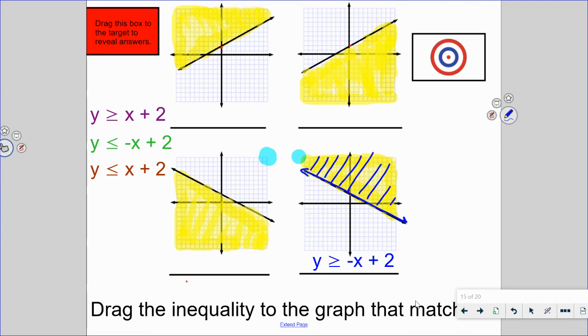All right, let's move on. Purple example, a 1-to-1 positive slope. So I'm only going to be looking at the top two possibilities. Solid line with shading that should show greater than or equal to, meaning all the points above that line. And so what I'm seeing there should work out for us.